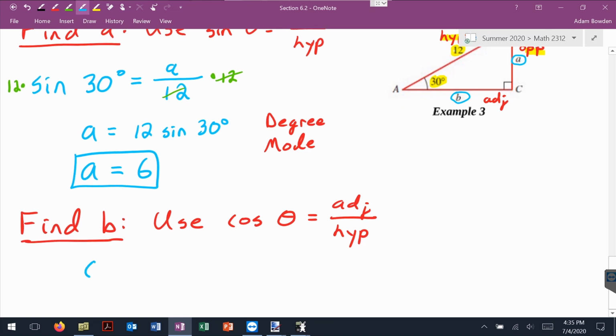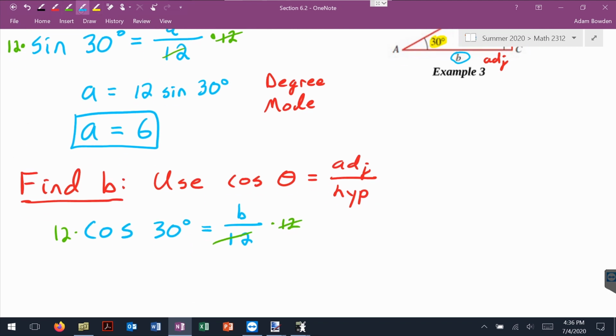So what that would look like for this triangle is cosine 30 degrees is equal to adjacent b over hypotenuse 12. So what I'll do here, multiply again both sides by 12. And so we'll get b is equal to 12 cosine of 30 degrees.